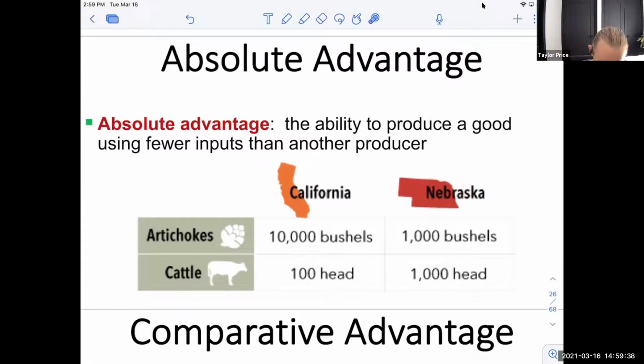We can see that California has an absolute advantage in the production of artichokes, and Nebraska has an absolute advantage in the production of cattle. Basically, absolute advantage is just asking who has the ability to produce more in total of the good.